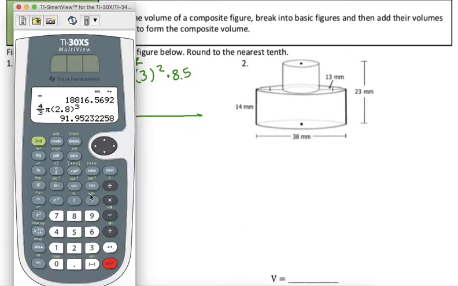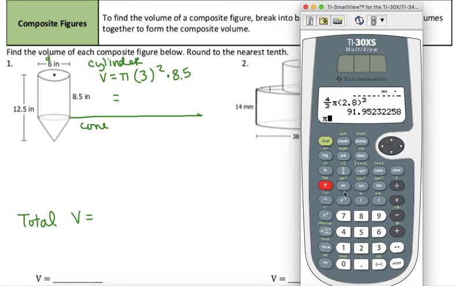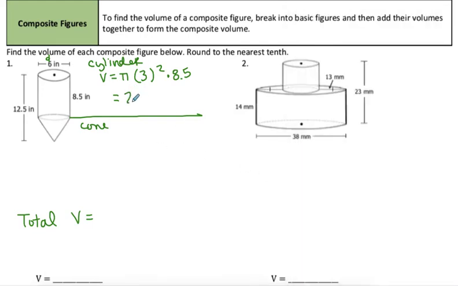So I'll go to my calculator, and I have pi times 3 squared times 8.5. And so here I get 240.3.